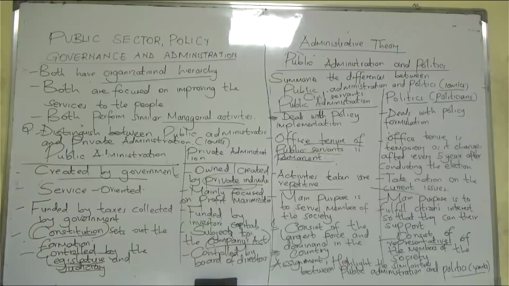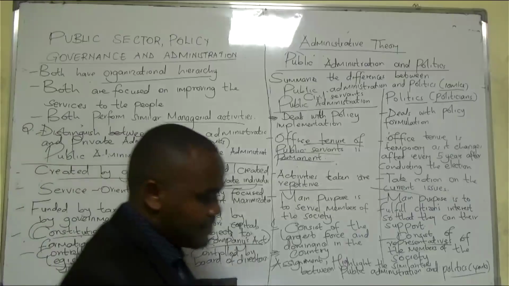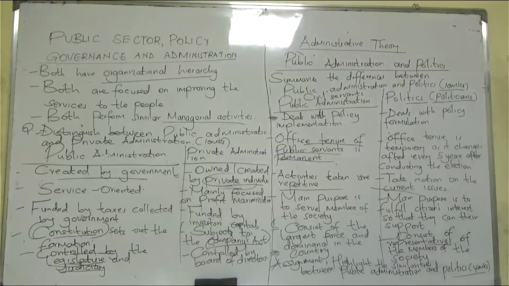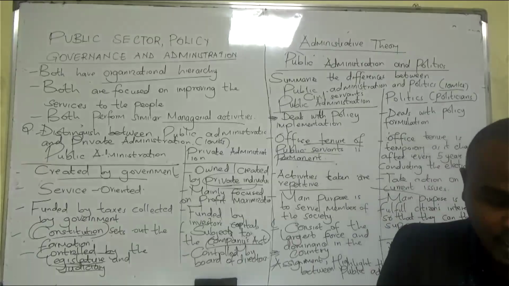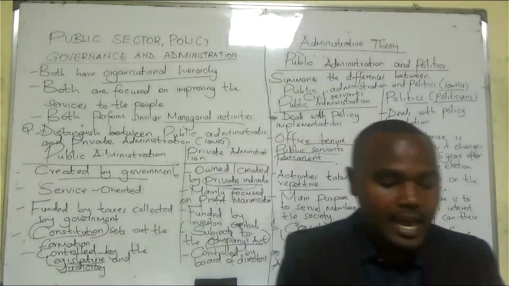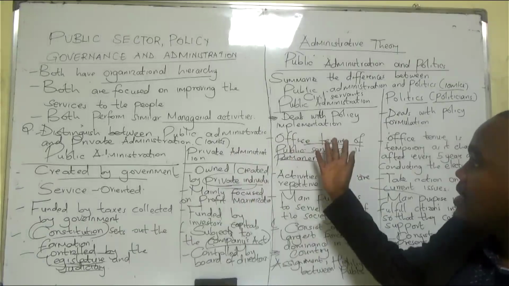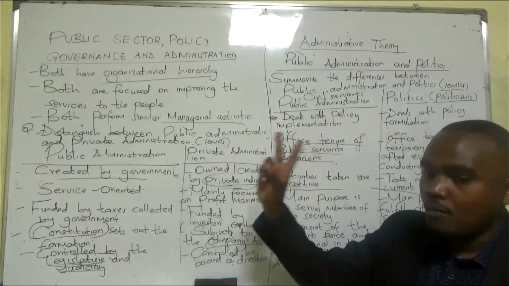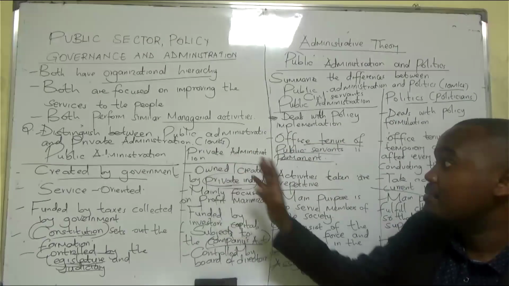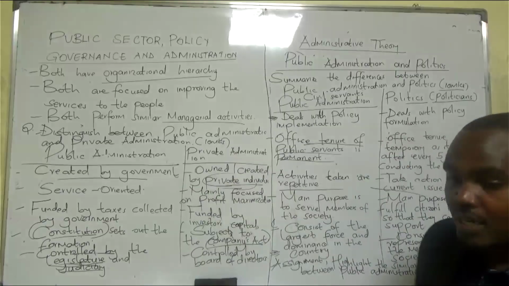Now, we have seen what we call the relationship between public administration and the different disciplines. Mostly the common disciplines are private administration and politics.